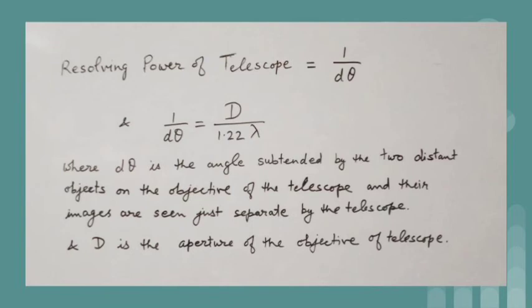We see the far off objects in natural light like sunlight or light coming from stars. So we cannot alter the value of λ. So we can alter the value of aperture of the objective of the telescope only. To have a telescope of higher resolving power, the objective lens of large aperture D should be used.